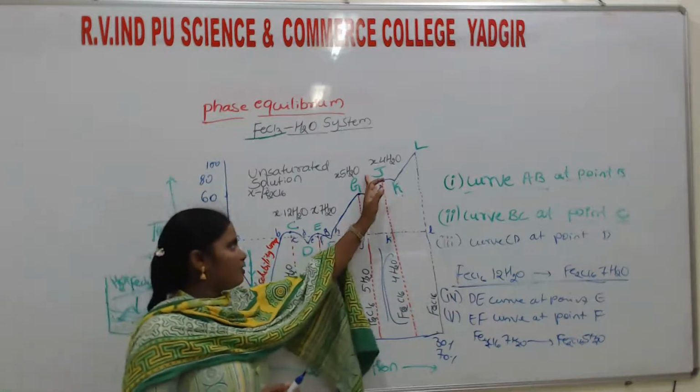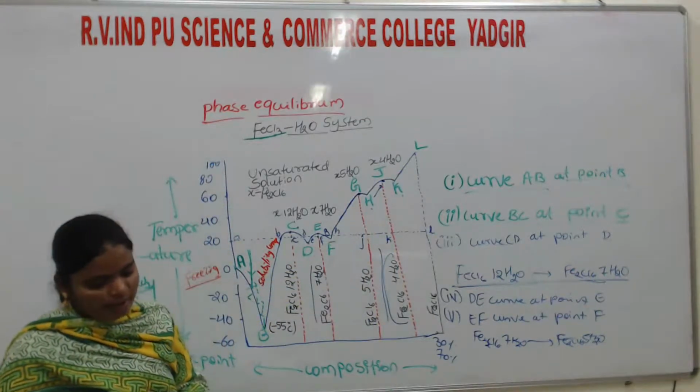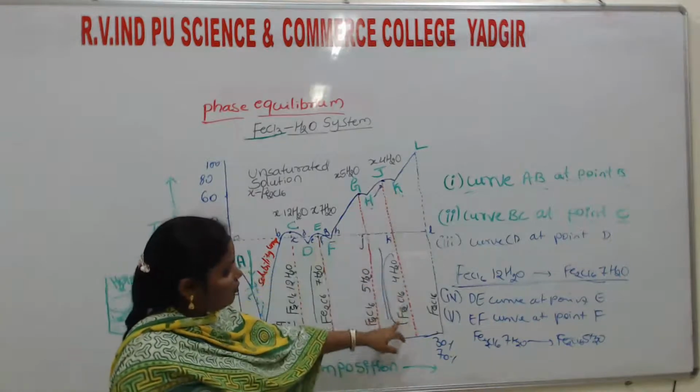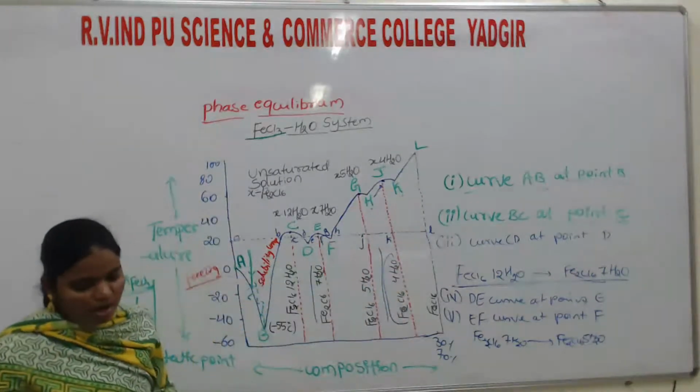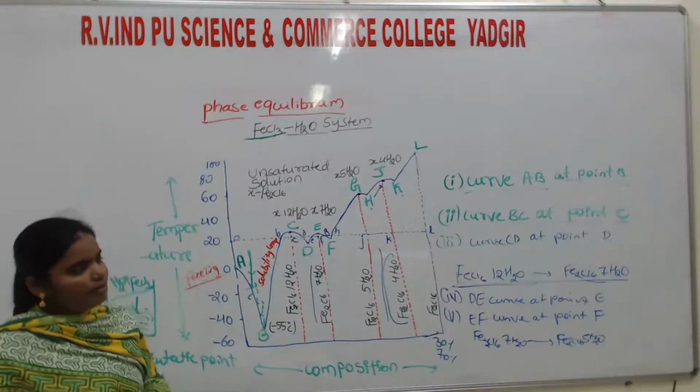Let's say here is the non-melting point, and you take a point next, J, K. At point K, the melting curve of Fe2Cl6·4H2O, and the point K is the anhydrous Fe2Cl6.